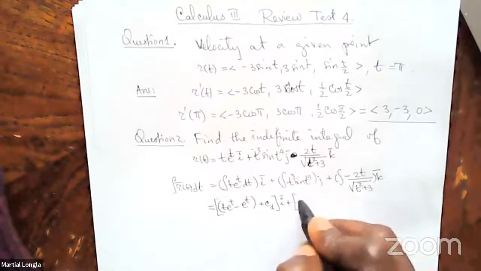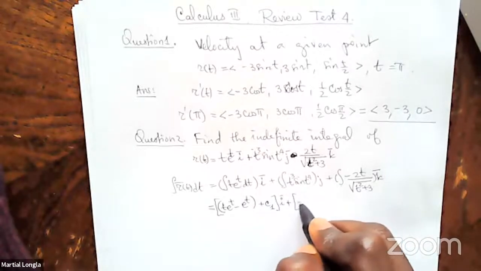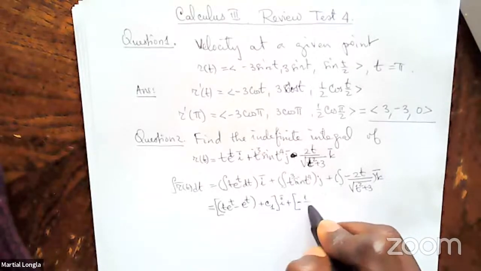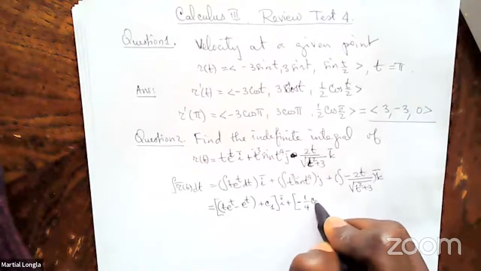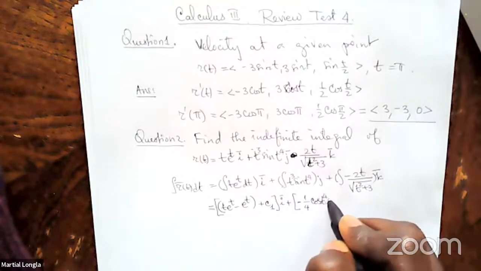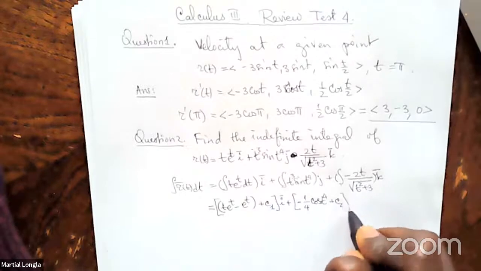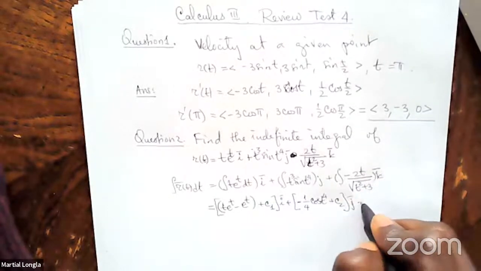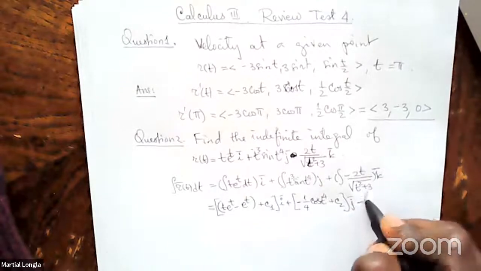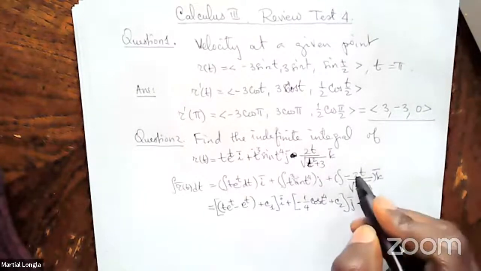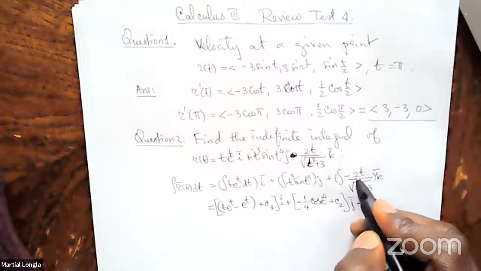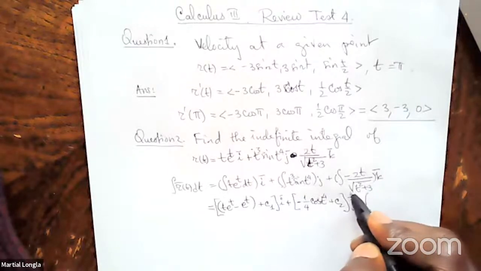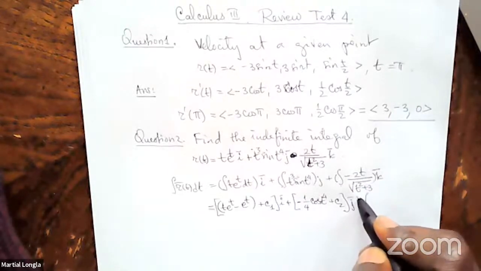When you integrate this, chain rule, that's minus 1/4 cosine of t to the fourth plus c2 j, then minus the last one here. When you take the derivative, you get 1/2 because of the square root.